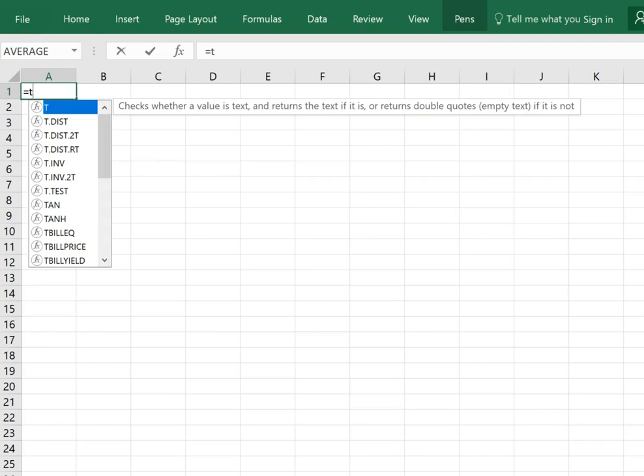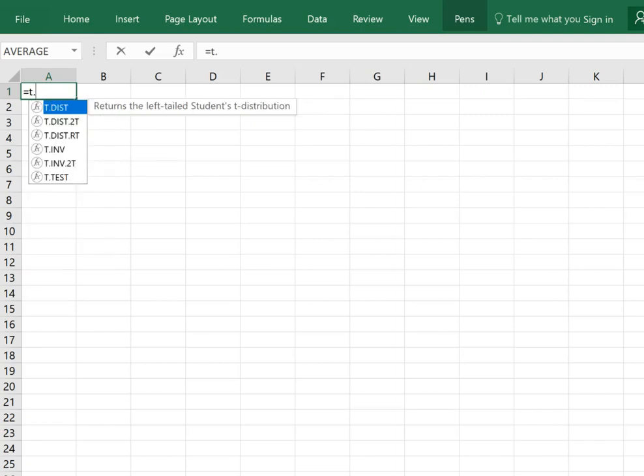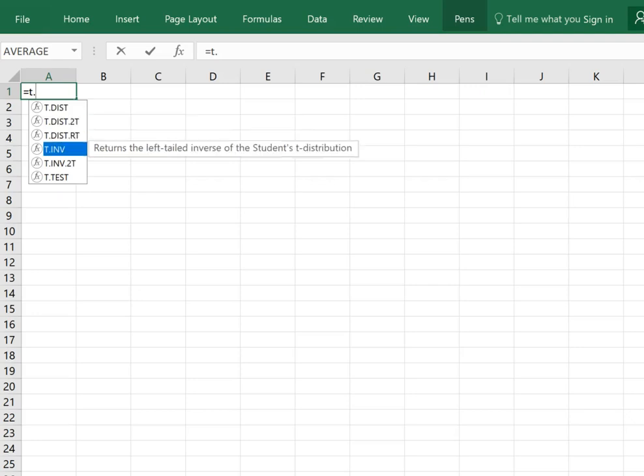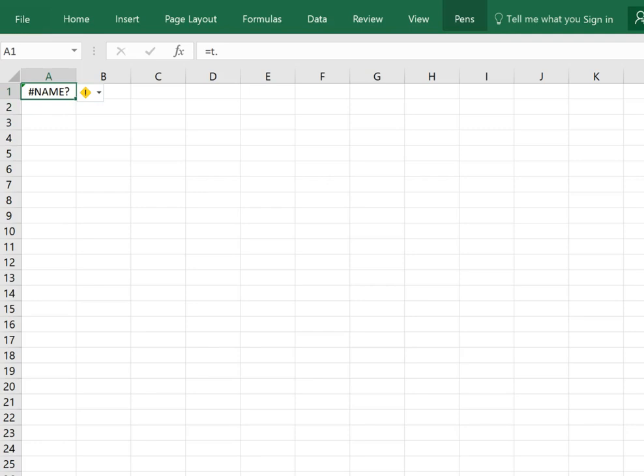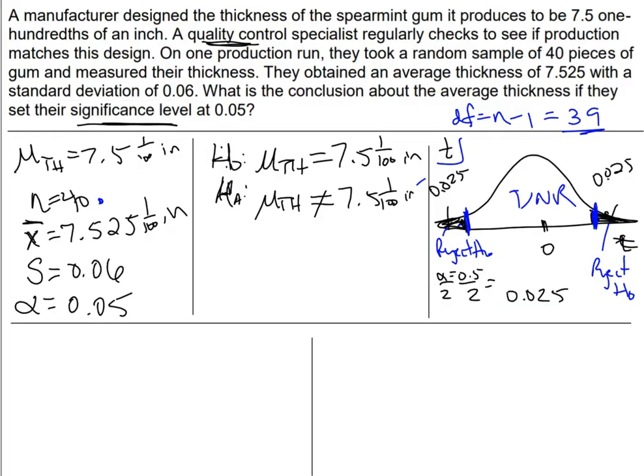And I can bring up my t dot inverse. Oops. Let's try this again. Bring up my t dot inverse, and I've got two parameters in Excel that this formula is looking for, right? Number one, it's asking for the probability. The way that Excel is built, to remind you, is when I enter a probability into the t dot inverse formula, it's telling me the value of t that has that much probability to the left of that point.